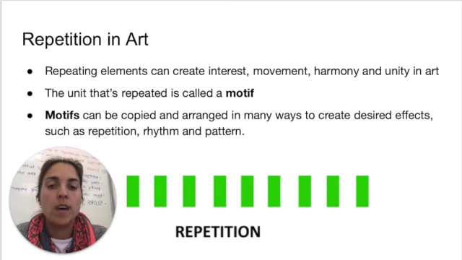So we could refer to that as a nautical motif, and we could speak to the individual units as being motifs. The motifs themselves can be copied and arranged in different ways to create different examples of pattern and adjust the rhythm.